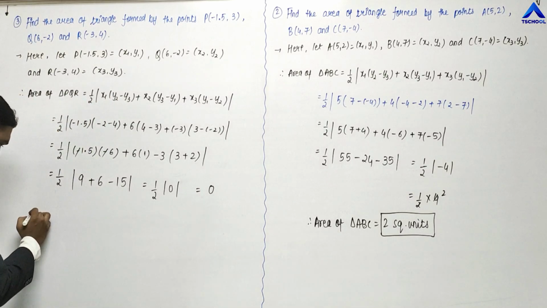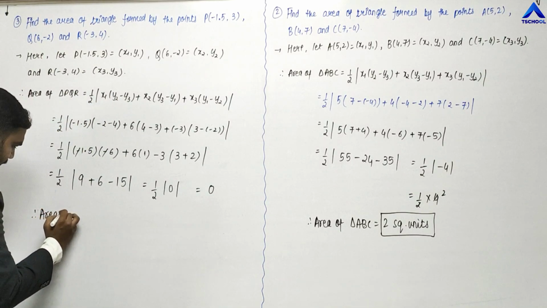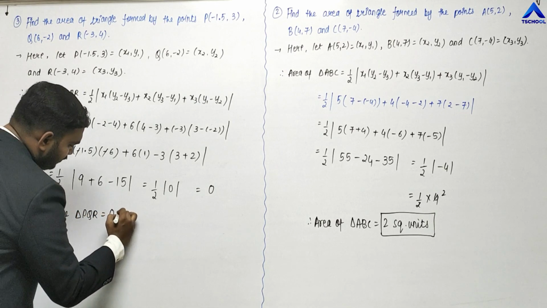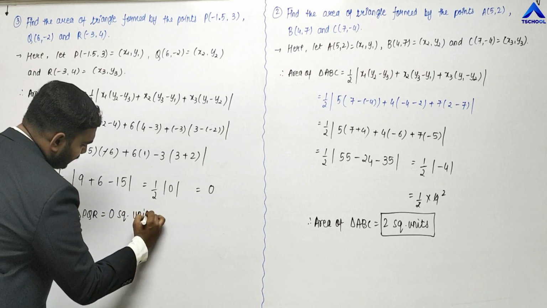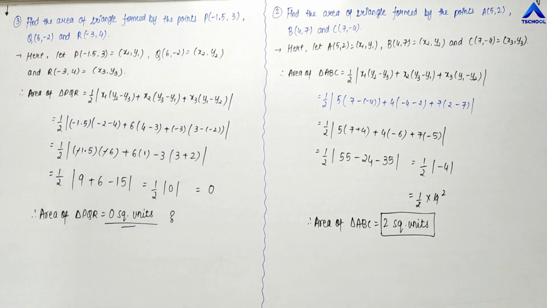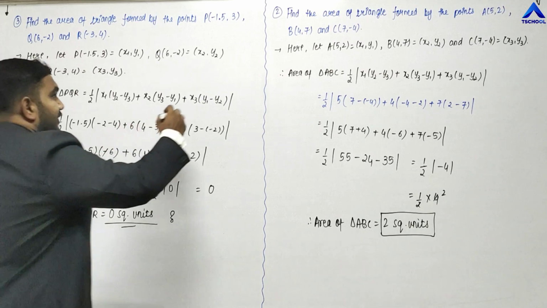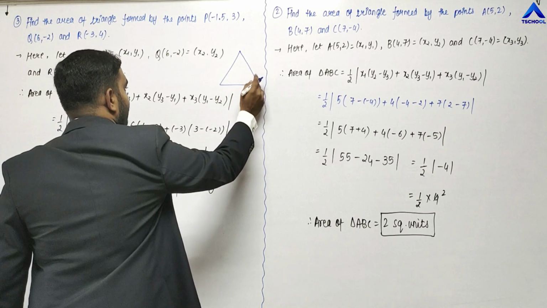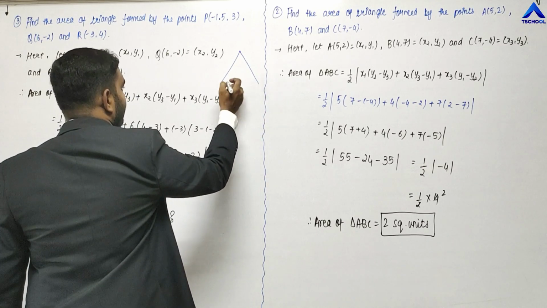Therefore, the area of triangle PQR is equal to 0 square units. So what does this mean? If the area of any triangle is 0 square units, then what does it conclude? How can you get a 0 area? Suppose I have a triangle here with 0 area.